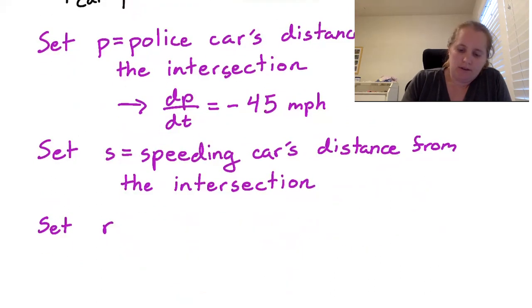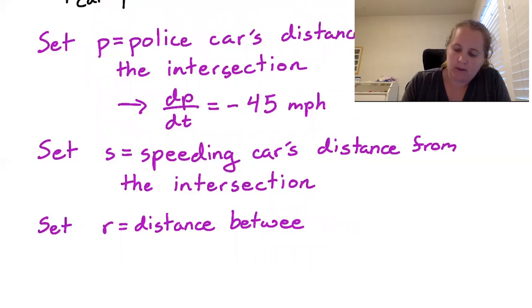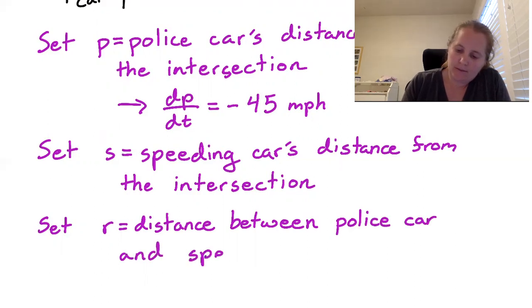So R is the distance between the police car and the speeding car.